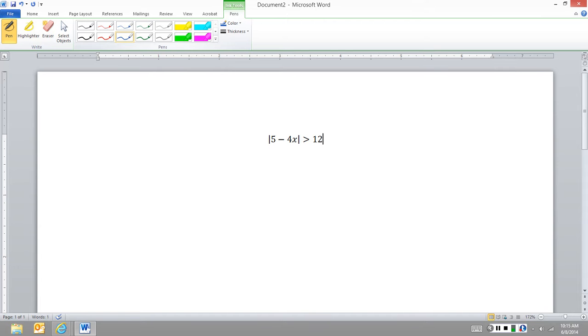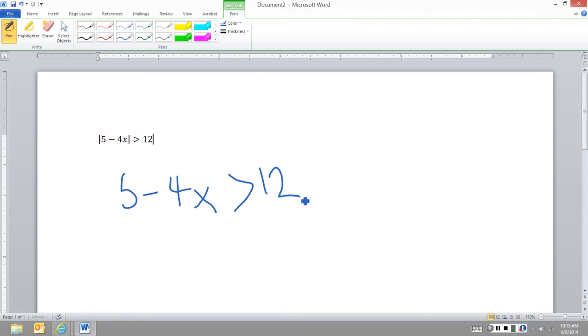And what case 2 says is you take what's in the inequality, 5 minus 4x, and on the first one you let it be greater than the positive version of that, and then you do 5 minus the middle again. And now, though, we do less than the negative version. So again, it's still the positive and the negative, but you have to make sure you're using the right inequality sign. And now we just simply solve each one.